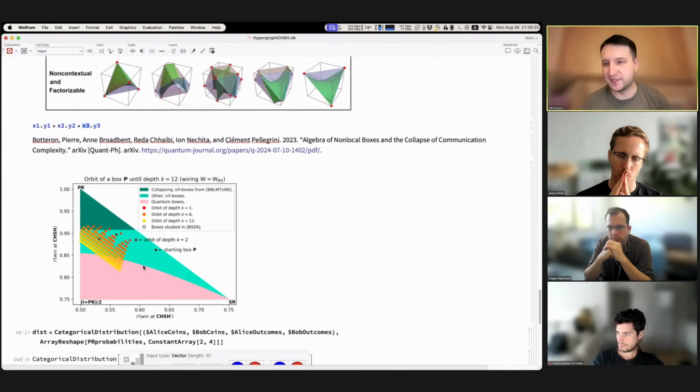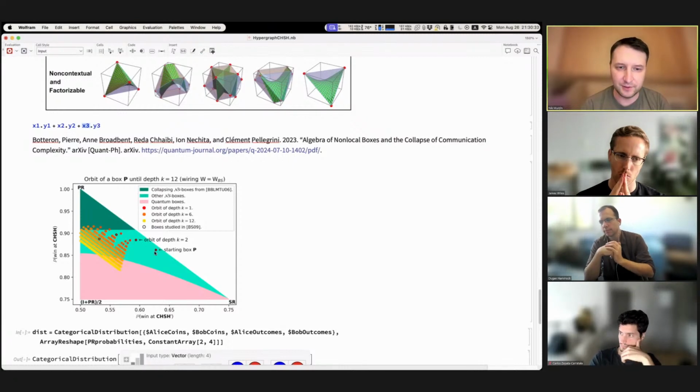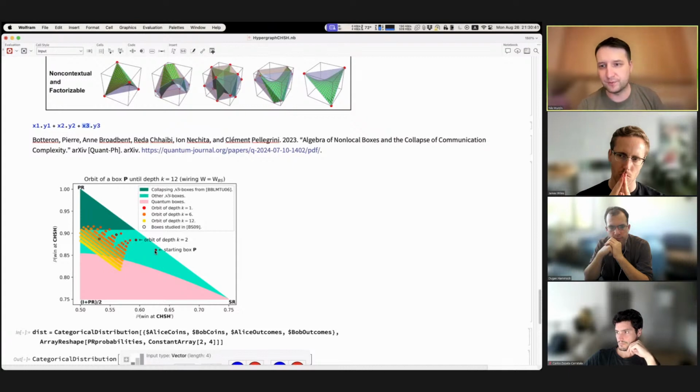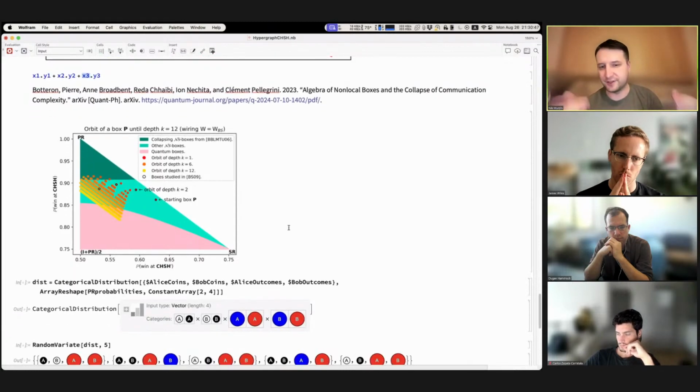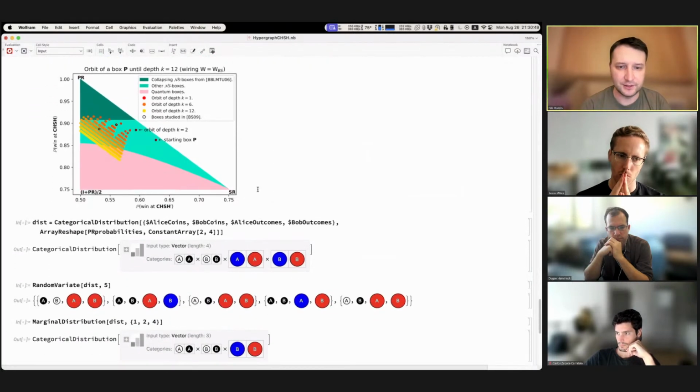So this gap is still unexplained. But people are trying to construct all kinds of different boxes to narrow this gap, and to find boxes that collapse communication but have a higher probability of being faulty, so you can lose much more often but still collapse the communication. This research is very interesting.